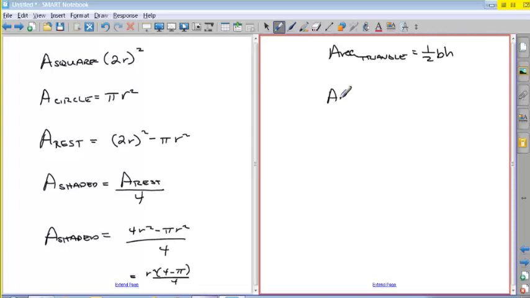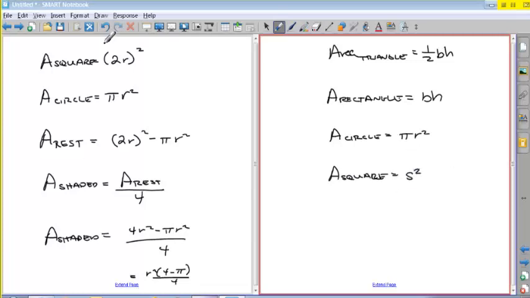You need the area of a rectangle, that's equal to just the base times the height. You need the area of a circle, which is pi r squared. And what else you might need? Square. That's just equal to s squared, where s is the side length.